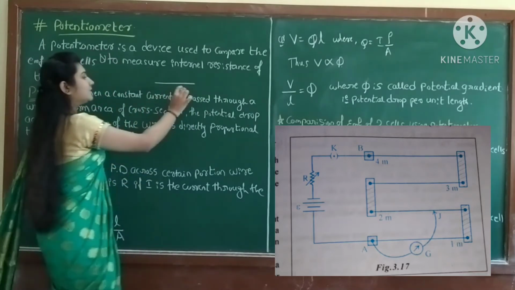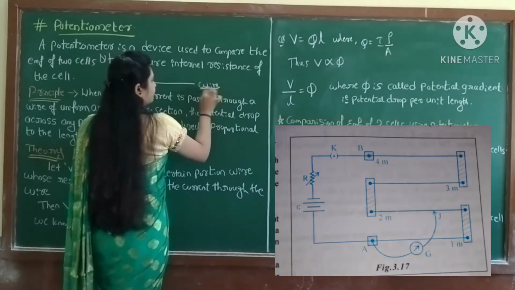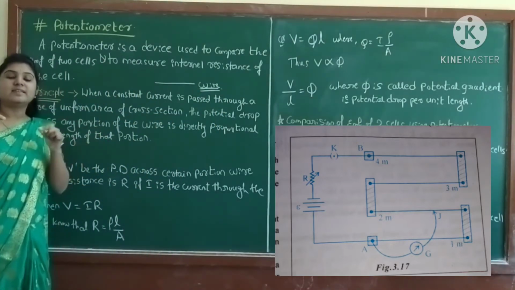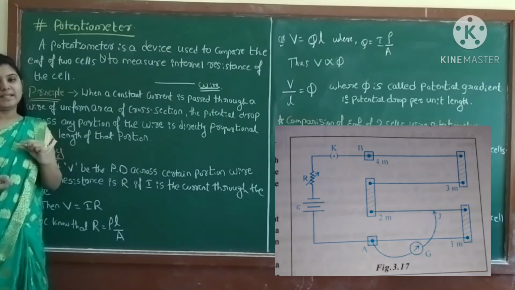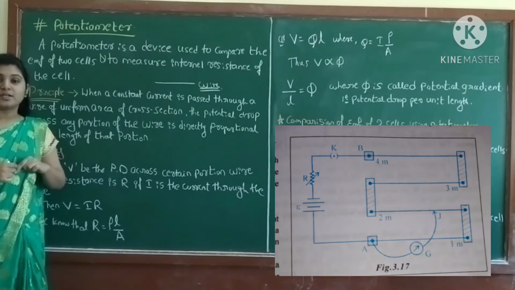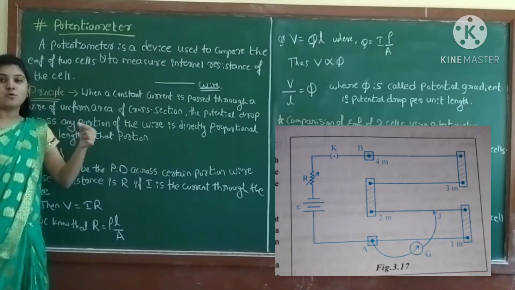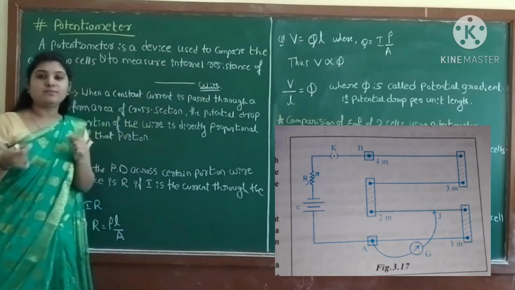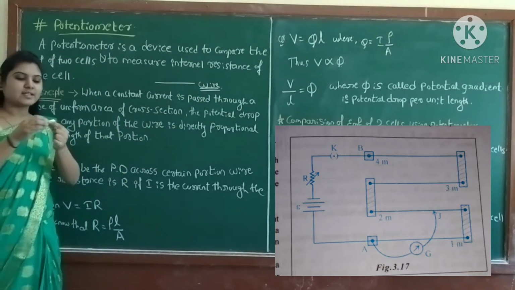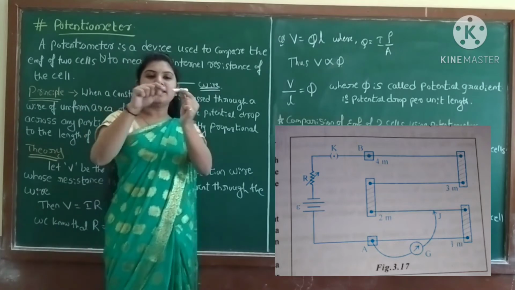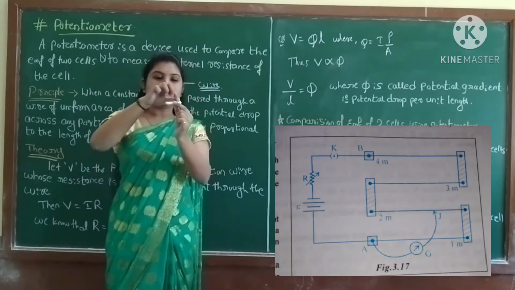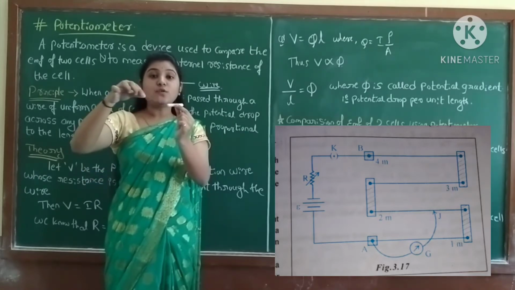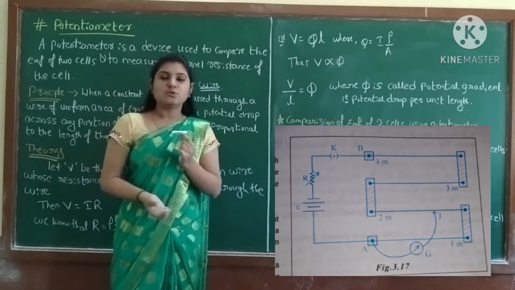The area of the wire will be uniform throughout. Here it is not bigger and here it is not lesser, correct? It is having the uniform area.